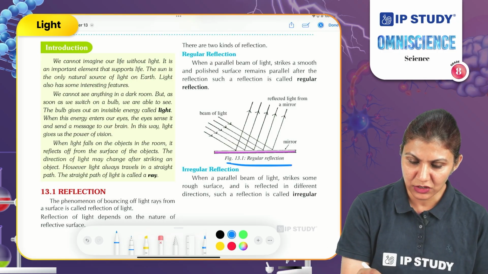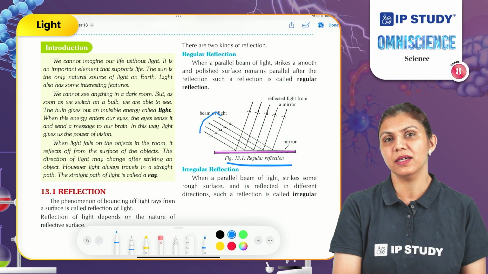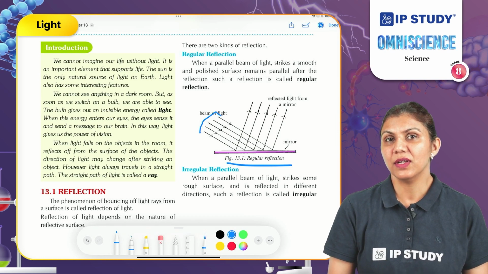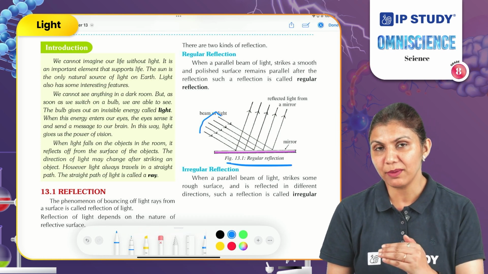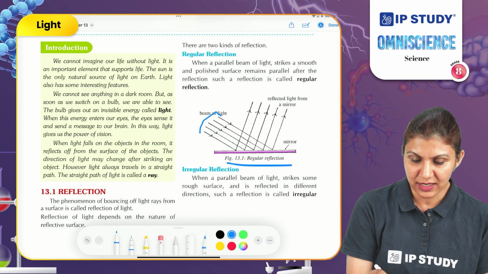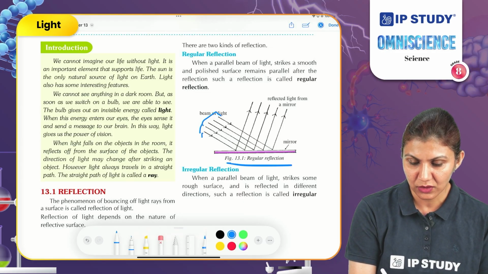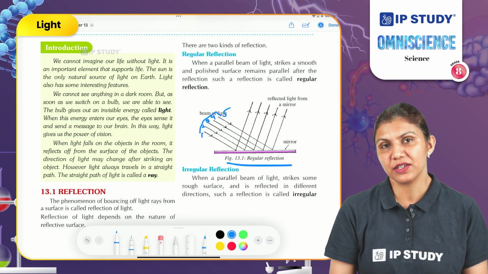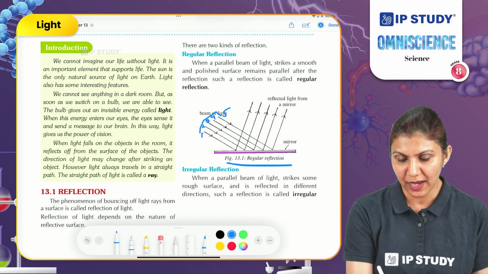So, the bunch of light rays makes a light beam which has a number of light rays moving parallel to each other. If you notice here, these are different light rays 1, 2, 3, 4 and 5, and they are all moving parallel to each other.